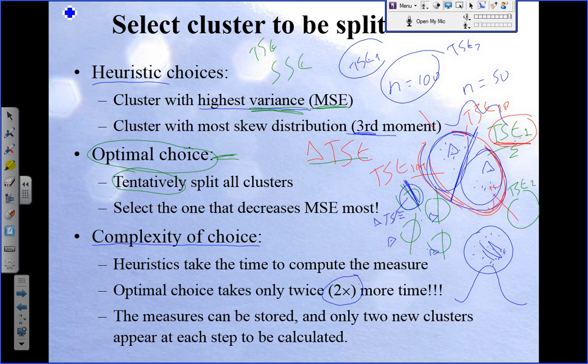I need to find out, if I split this cluster here, how to do it? Let's say the algorithm says I get a delta value here and here. Then how about if I split with this one? The algorithm says let's split like that. I have one delta here, and that's it. So I need to do the new calculations only for this cluster. So I need to apply two more splits.